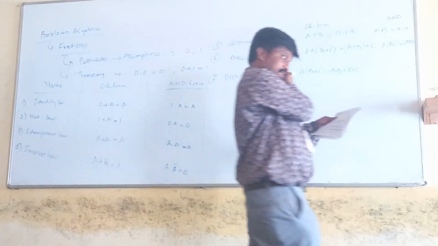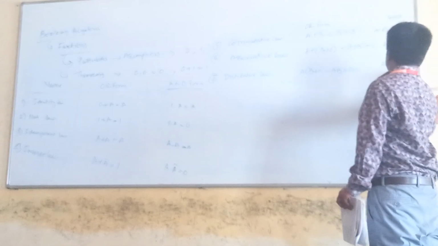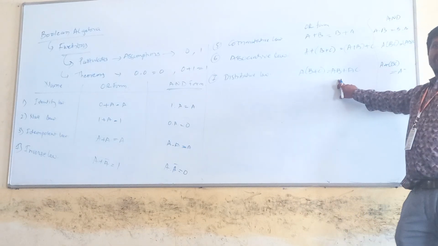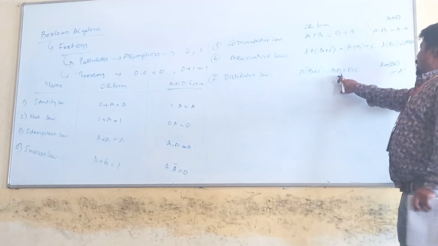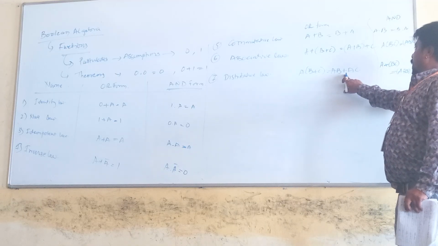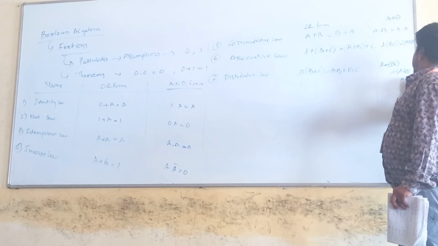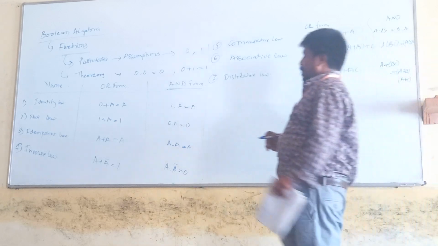Similarly, I can write it in the dual form, that's a plus b c equal to a plus b, dot, a plus c. Dot is multiplied with a plus b, and dot is there with a plus c.